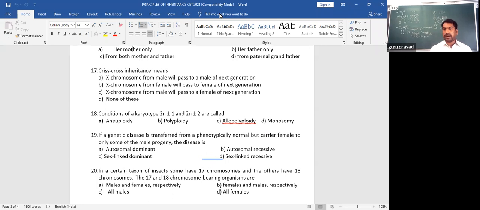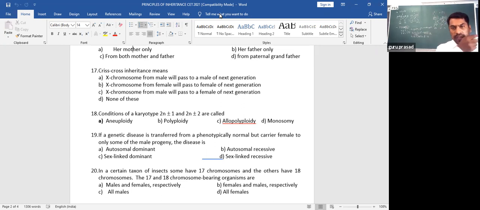So this kind of pattern of inheritance, from grandfather to the daughter and from the daughter to the grandson, is called crisscross inheritance. Maybe again that son will transfer that defective X chromosome to one of his daughters, and the same thing may continue. This pattern of inheritance is called crisscross inheritance.